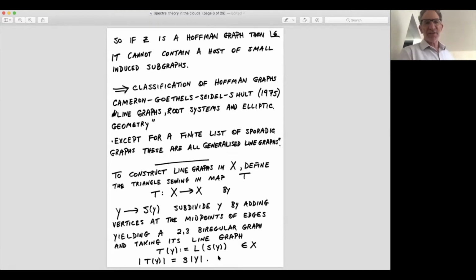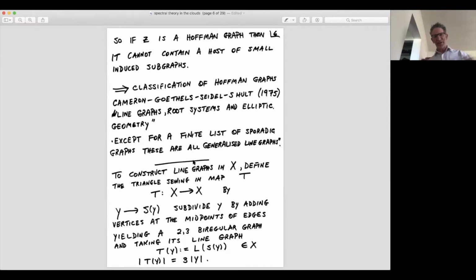And in this case, this was classified in an absolutely beautiful paper by Cameron, Goethals, Seidel, and Schult in 1975 called Line Graphs, Root Systems, and Elliptic Geometry. They actually show that except for a finite list of sporadic graphs, all graphs which are Hofmann graphs must be generalized line graphs, a slight generalization of the line graph that I've defined.